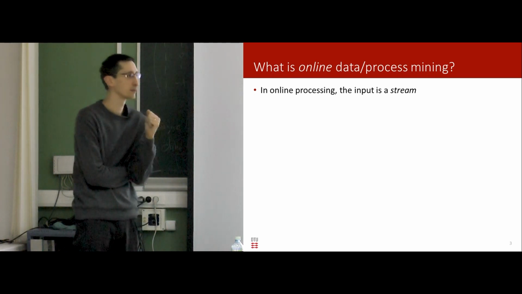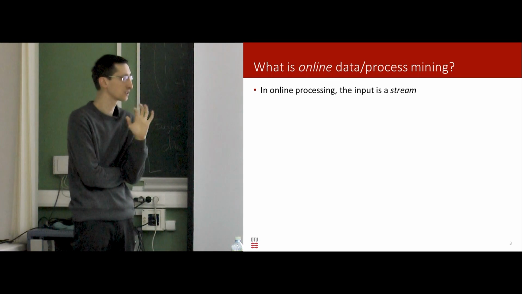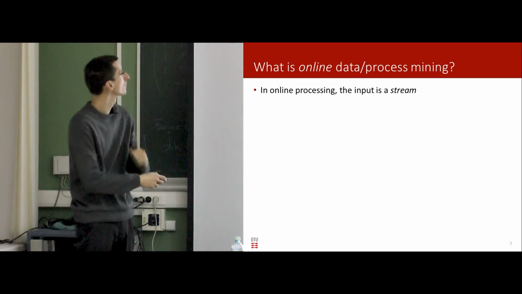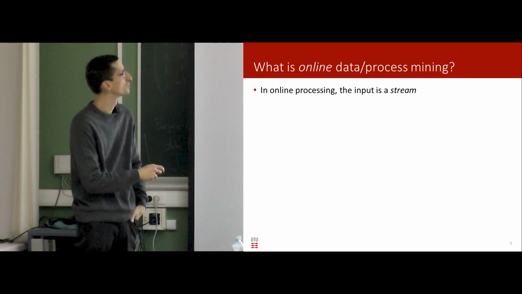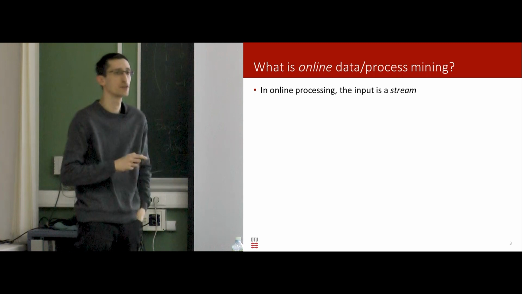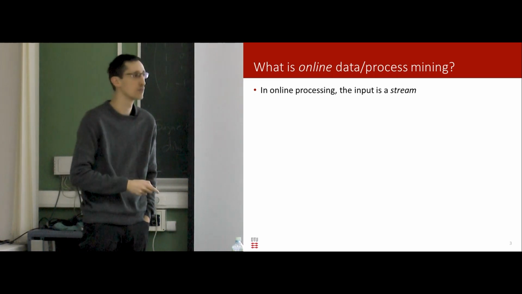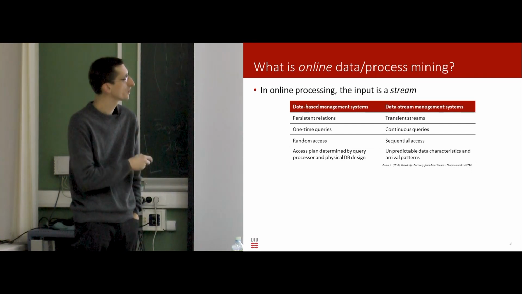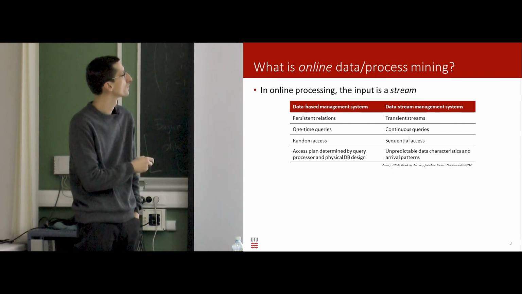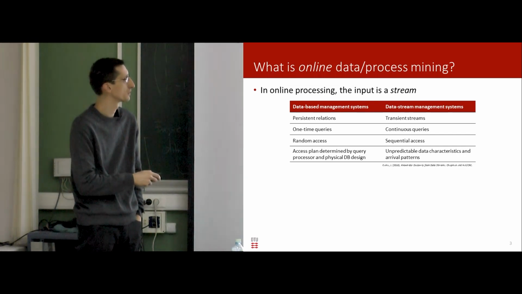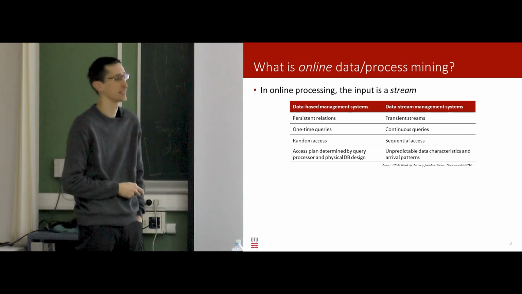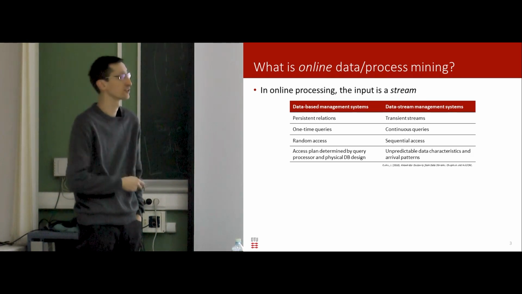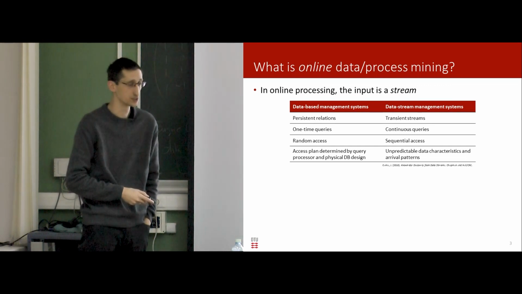So what are the peculiarities of online processing in general, not just process mining, but data mining as well? Well, the first point is that the input is different. We don't have an event log anymore, but a stream of data. In a general sense, the difference between a database management system and a data stream management system is that the relations that we are observing are not persistent.